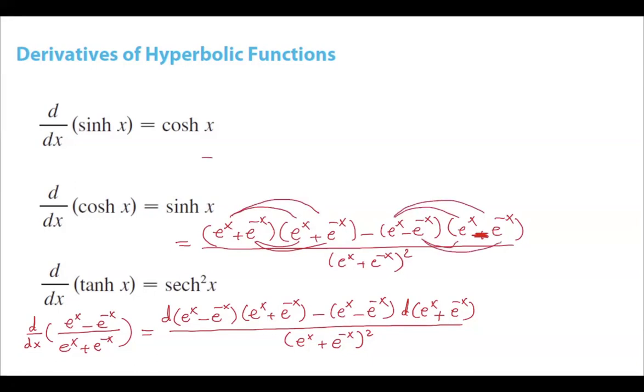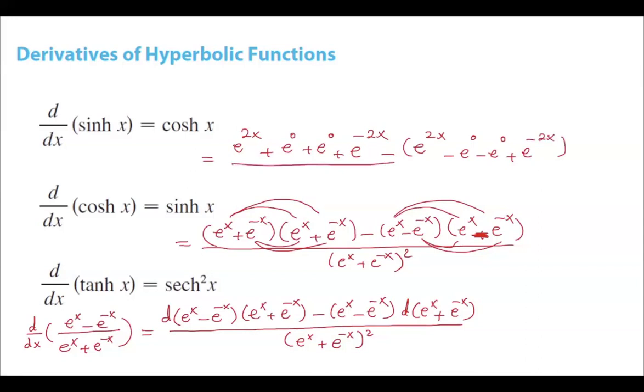So this in turn can be written as, here you have e to 2x, and then plus e to the power 0, and then plus another e to the power 0, plus e to the power minus 2x, minus, let me put this in parentheses, e to the power 2x minus e to the power 0, minus e to the power 0, and then you get plus e to the power negative 2x, and on the denominator you have the same thing, e to the x plus e to the power minus x, to the second power.